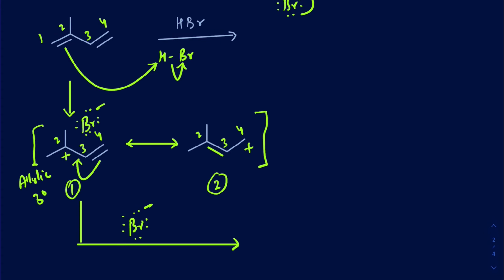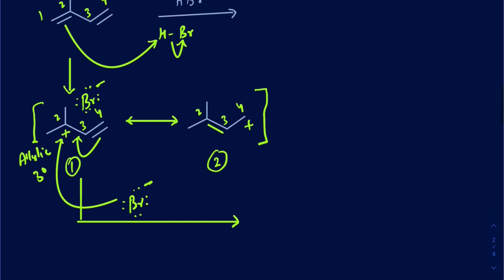So when I attack this right here, I end up making this product here. I'm just going to draw that whole product again. And I have a Br here. So this is going to be your 1,2 addition product.